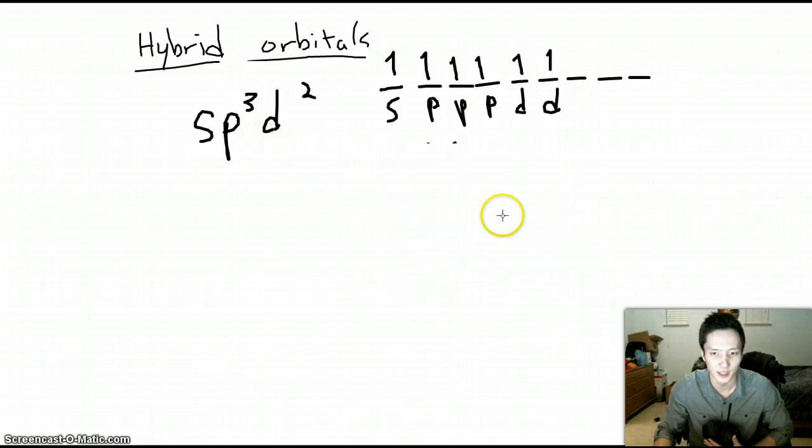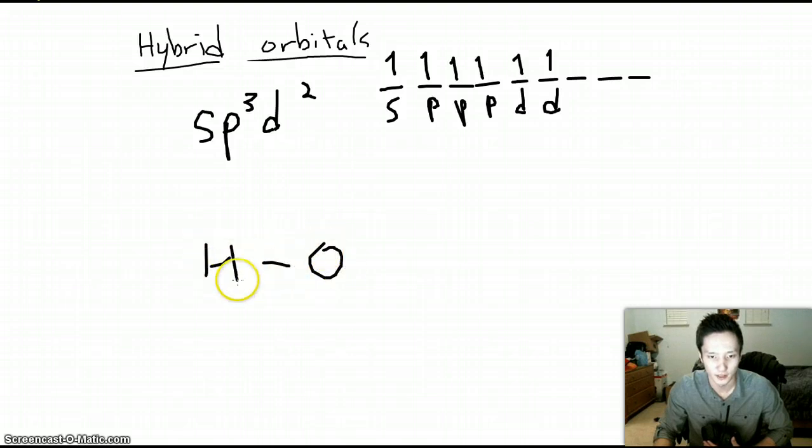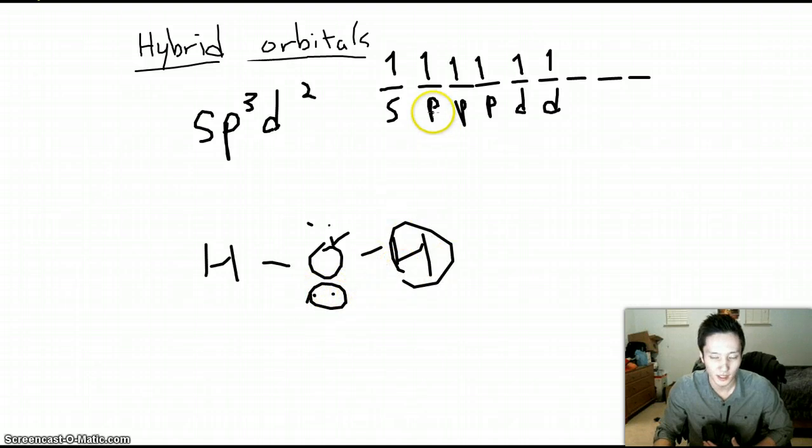It's already been 12 minutes, you guys, so let's just do a quick example, and you can ask questions tomorrow. Let's look at water, our favorite molecule. Lone pairs like that. The center atom is oxygen. Let's count the things around it. We have 1, so s. We have 2, so sp.